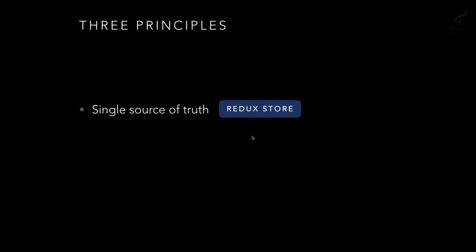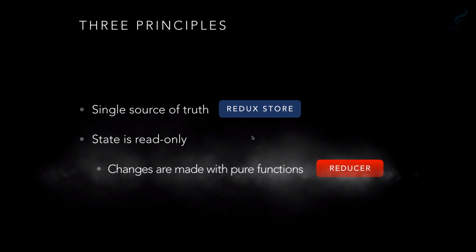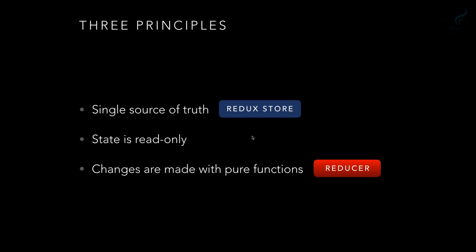So only the single source of truth. Then comes state is read only. You cannot directly change state, or we can say you cannot mutate state directly. So that's why you need a reducer to make changes in your state, and reducers are just pure functions.